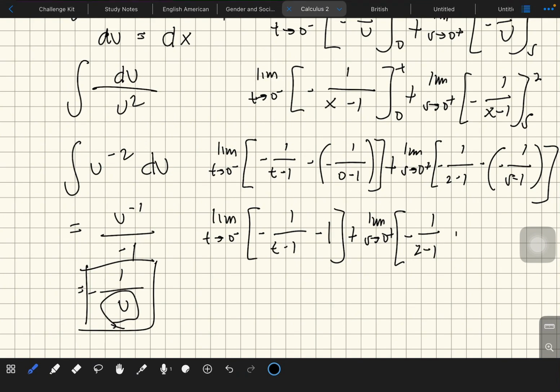This will become negative 1 plus 1 over s minus 1.